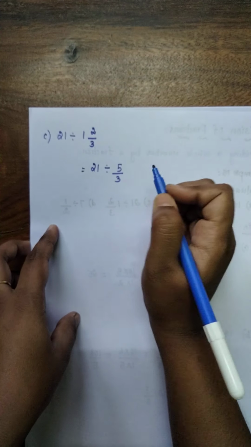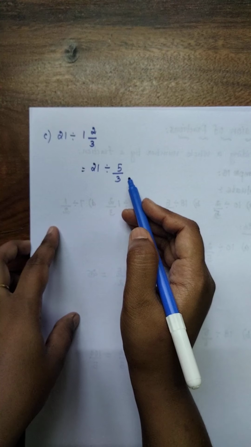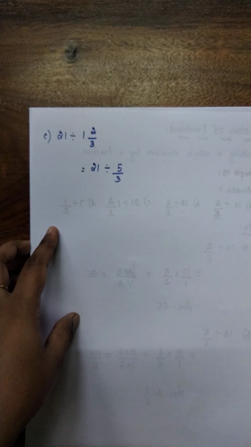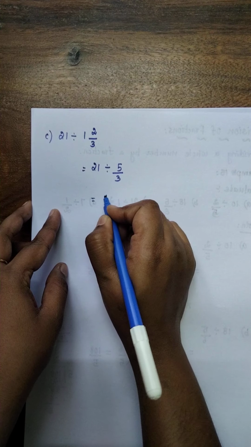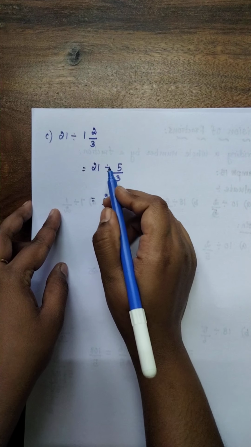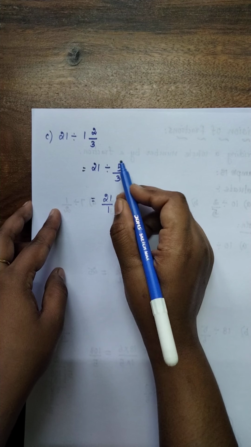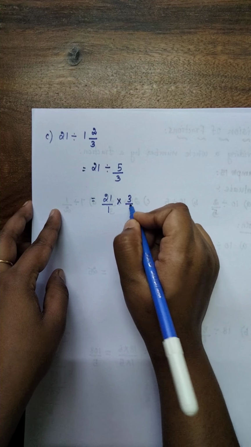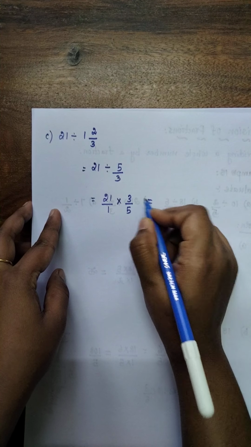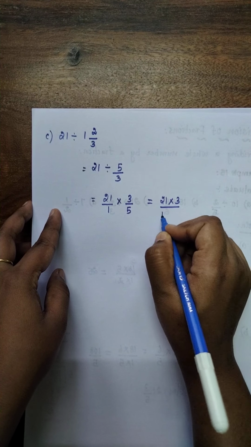We have converted the mixed fraction into an improper fraction. Next we divide 21 by 1, this division changes into multiplication. Then take the reciprocal of 5 by 3, which is 3 by 5. Then multiply the numerators, 21 into 3 divided by 1 into 5.